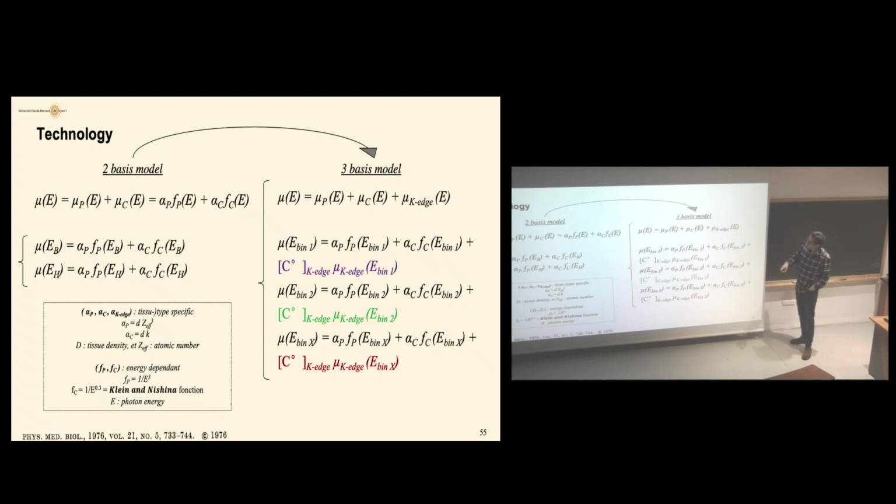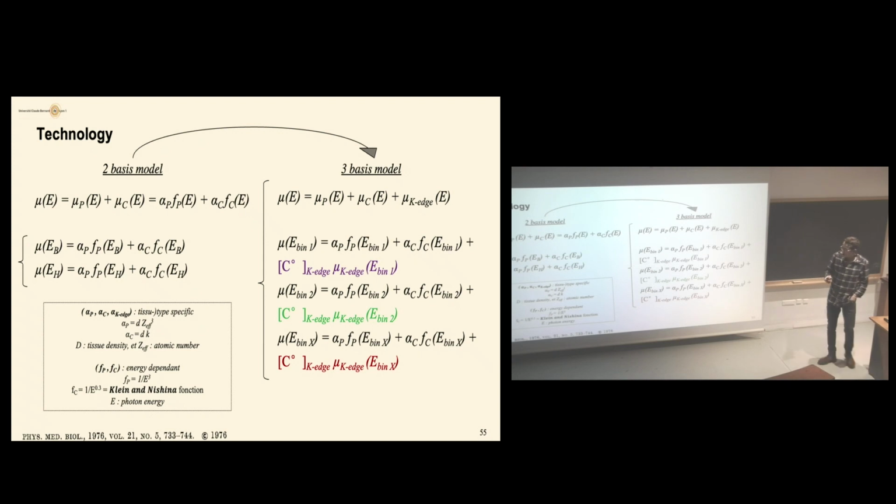When it comes to looking for a specific agent within the body with a K-edge within the clinical range of X-ray energy, you will be able to identify the concentration and identify in a specific manner the contrast agent.